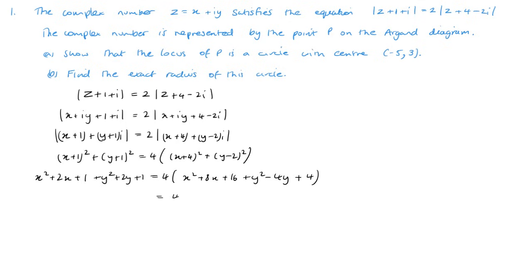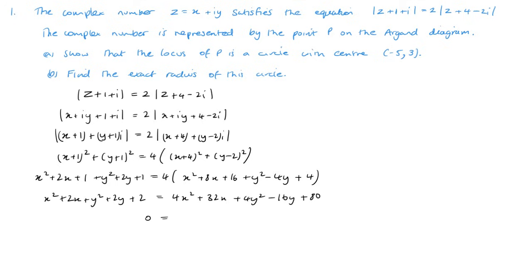So on the right now we've got 4x squared plus 32x plus 4y squared minus 16y, and then 16 plus 4 is 20, 20 times 4 is 80. And then here we've got x squared plus 2x plus y squared plus 2y plus 2.